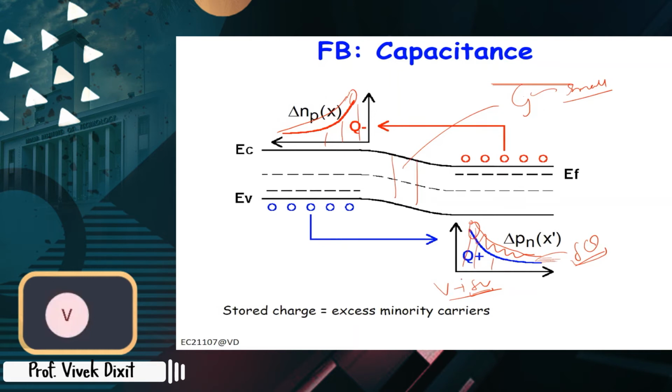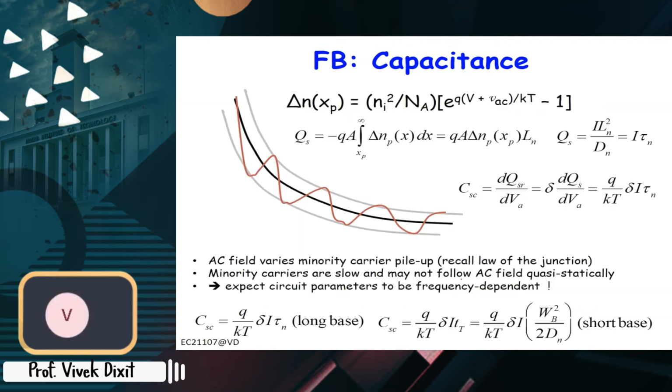So let us try to write the expression for it. Delta N can be written as ni squared by Na, which is basically the minority carrier concentration. So this is P type, so it is np0 exponential qV by kT. Now V, you can write as the total voltage.